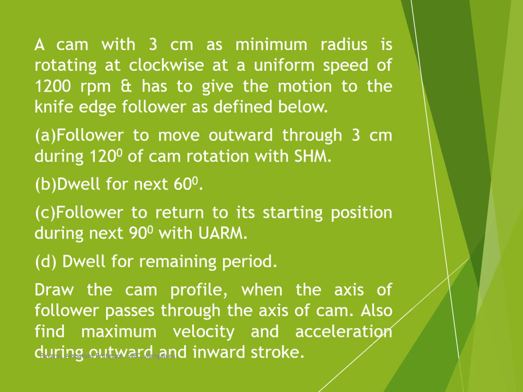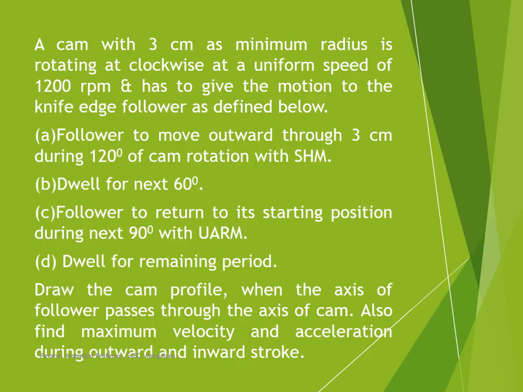A CAM with 3 centimeters minimum radius is rotating clockwise at a uniform speed of 1200 rpm, has to give a motion to a knife edge follower as defined below. Follower to move outward through 3 cm during 120 degree of cam rotation with SHM. Dwell for next 60 degree.